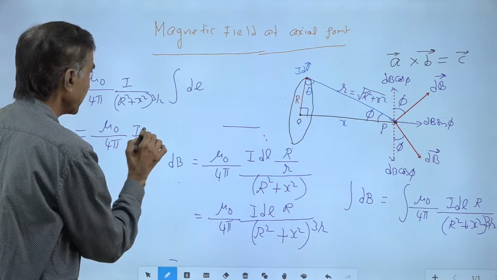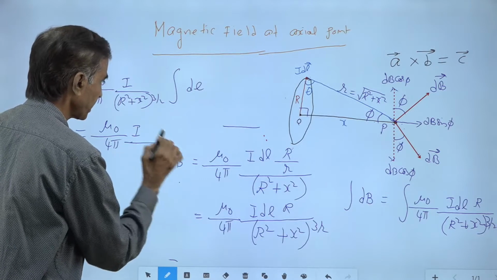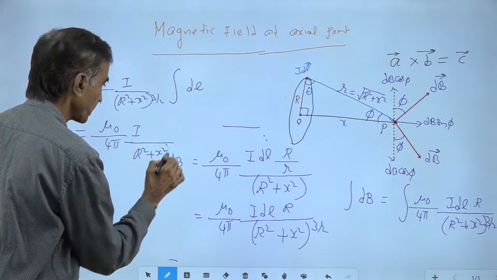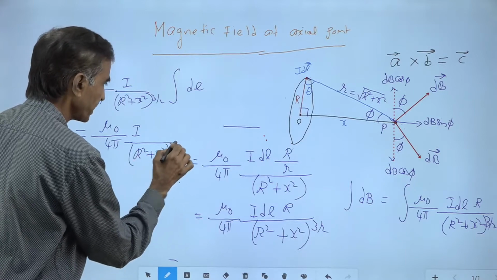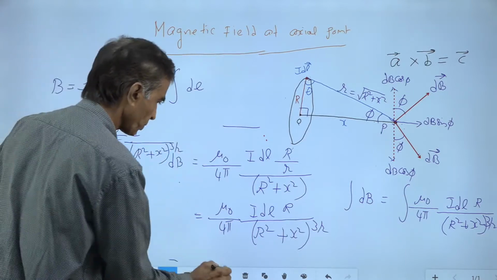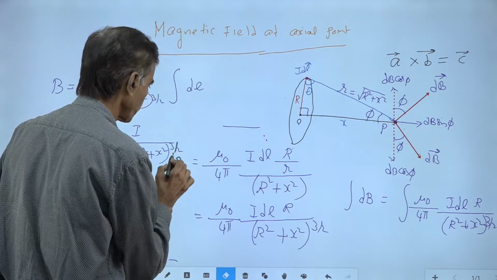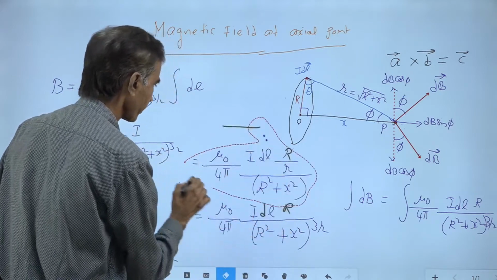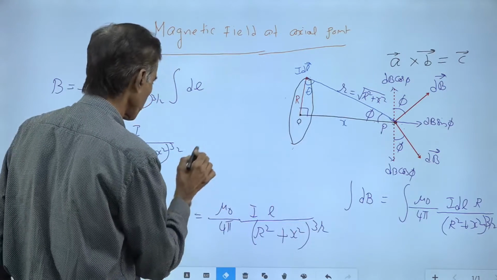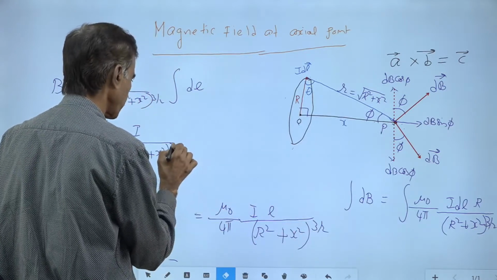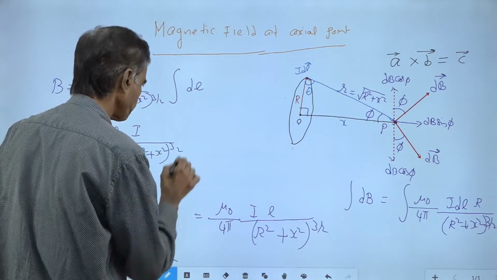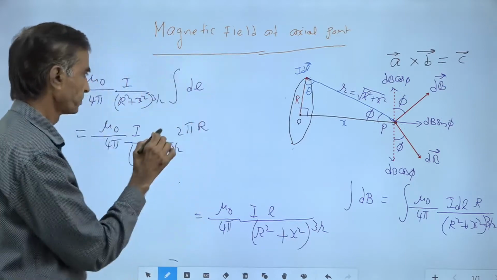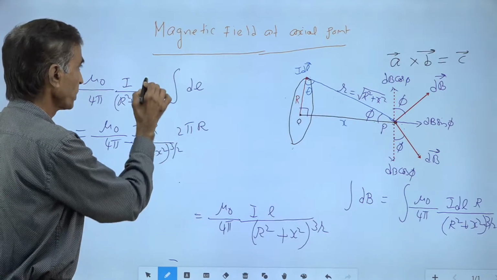Therefore, we will get mu naught by 4 pi into I divided by R square plus X square whole power 3 by 2, into 2 pi r into r. Already here one r is there.